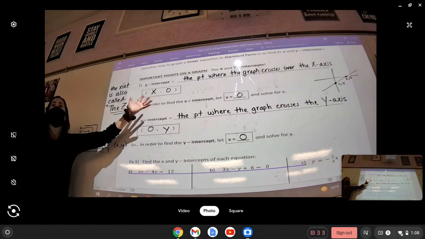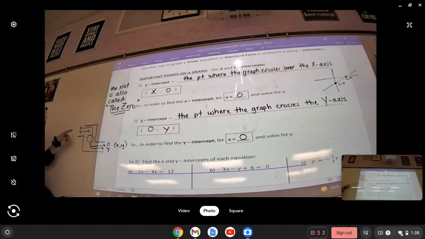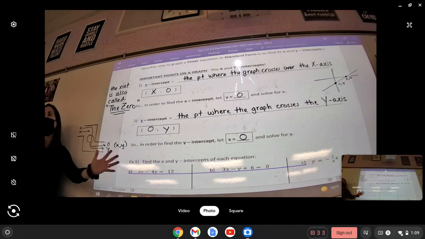The x-intercept got the name as the 0 because the x-intercept is the number that you have to plug into the function that makes a 0 come out. So this is the number that makes the equation equal 0. This is the number that makes the function equal 0. So he's the 0. He's the number that makes 0 come out.